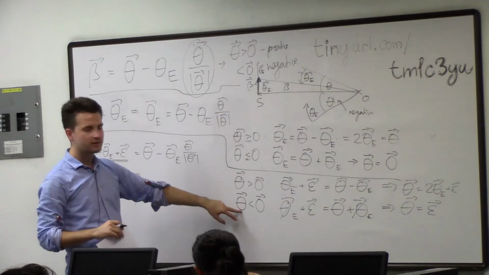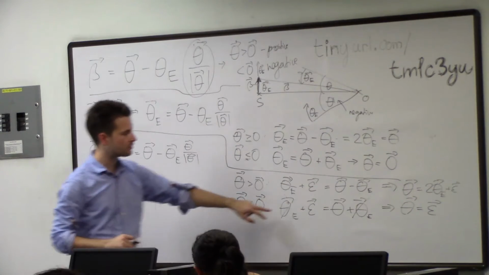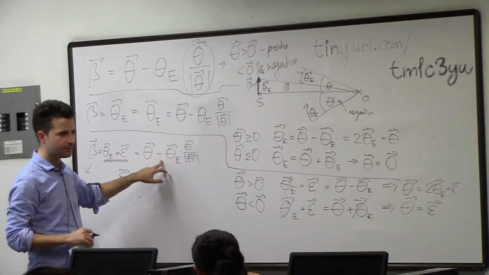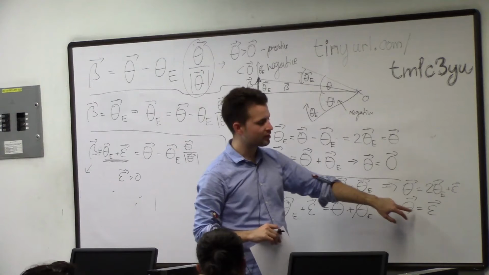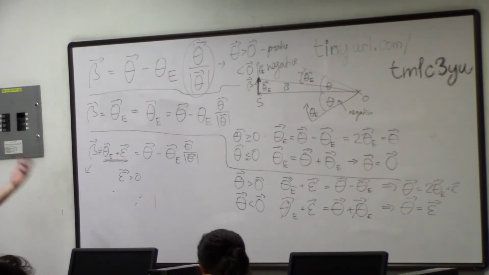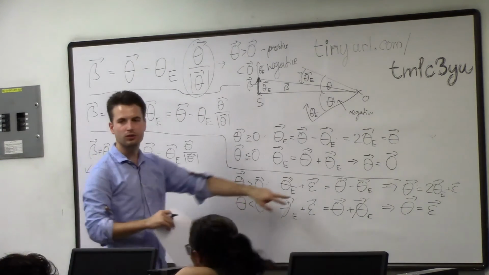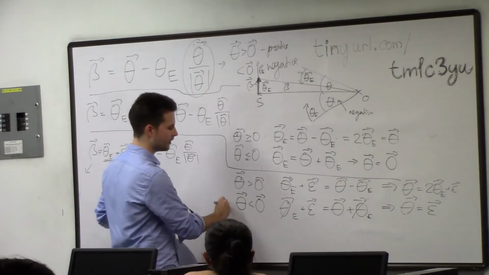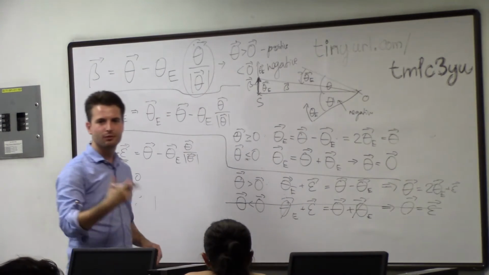If you say that theta has to be less than 0, so you can flip the sign here, you get that the only solution that would be allowed is a positive one, which doesn't work. We said it's going to be negative. This is the only solution that in that case would mean it's positive, so this is not consistent, and we drop the solution. We said theta was going to be negative.